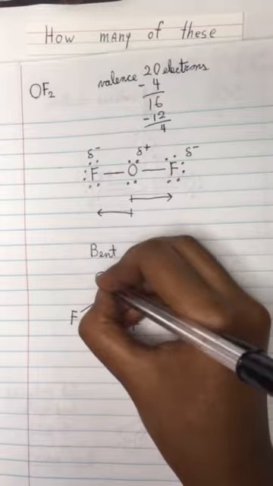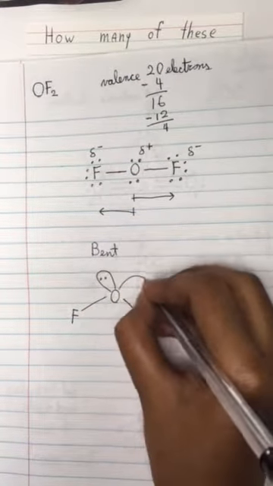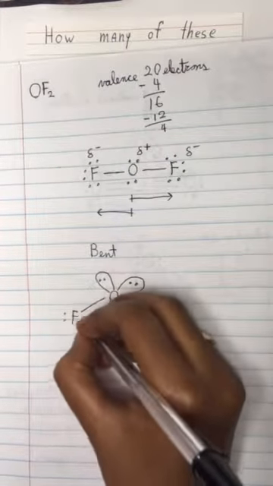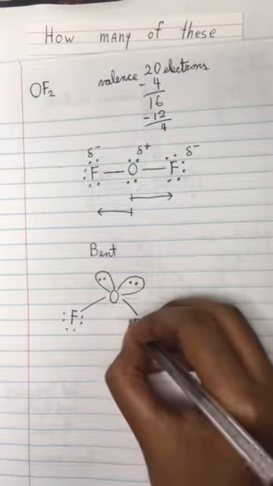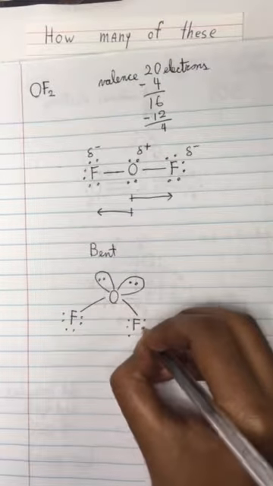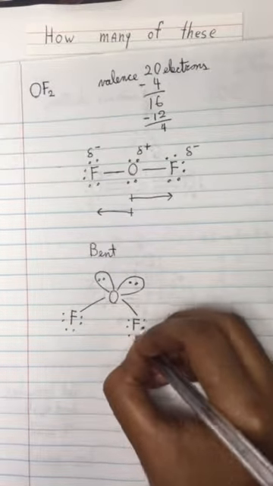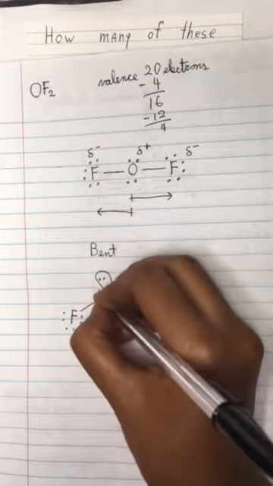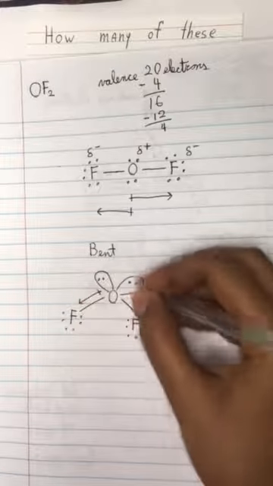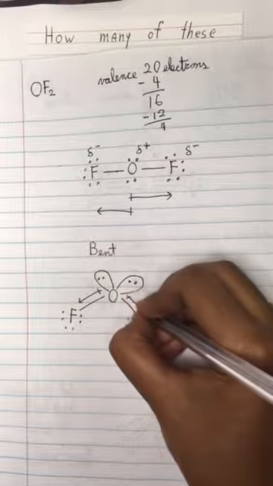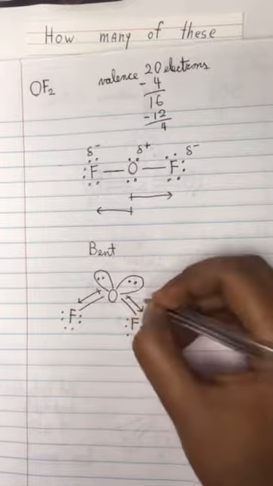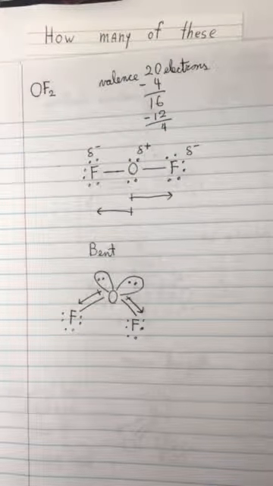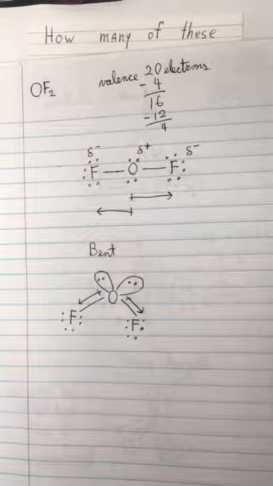This is a picture of the molecular geometry for this molecule. Now we place the bond dipoles on this figure. The bond dipoles are moving away from the oxygen towards the negatively charged fluorine atoms.